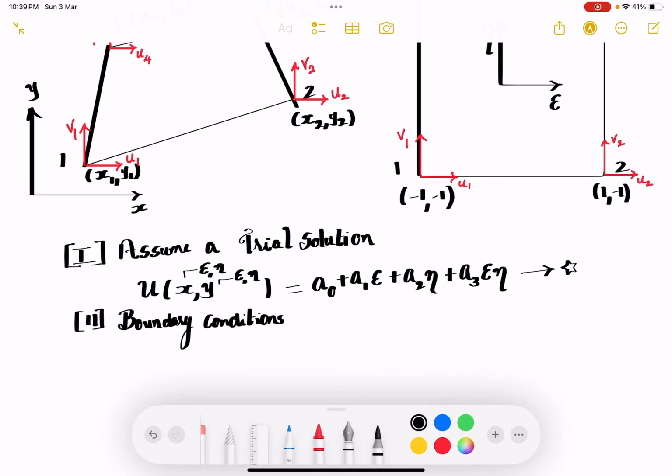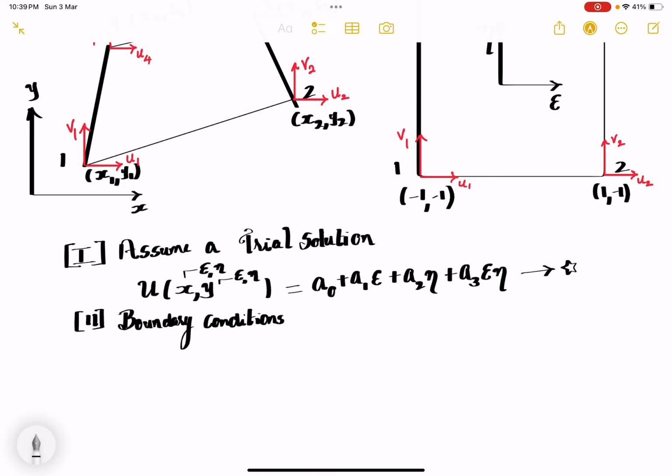So the first boundary condition is at the nodal point 1. I can write at node 1, the value of u is u1. So you can just apply this boundary condition on the trial solution.